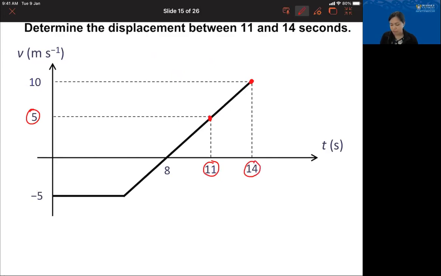So this is the later time t, that's your earlier time ti. Between these two points, you can read off this is your final velocity, and that's your initial velocity. All right, so you want to figure out the displacement between 11 and 14 seconds.